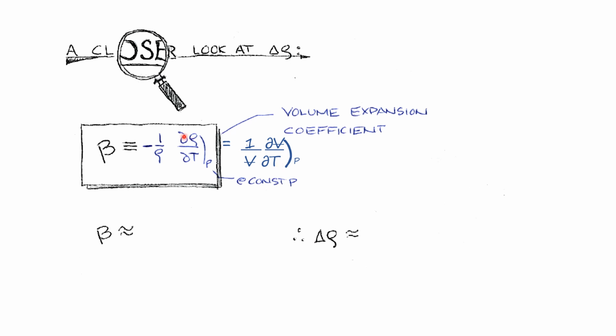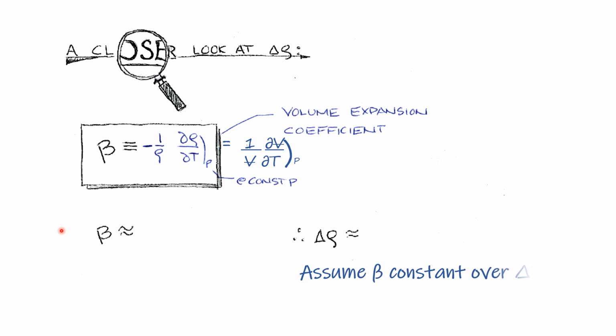We're going to stick with the form of beta that's got density in it because density is what shows up in our equations. So this might be more intuitive to you, but this is the form of the equation we're going to use. There is a very famous and very useful approximation to beta that we're going to use pretty much exclusively in natural convection, and it's the following.